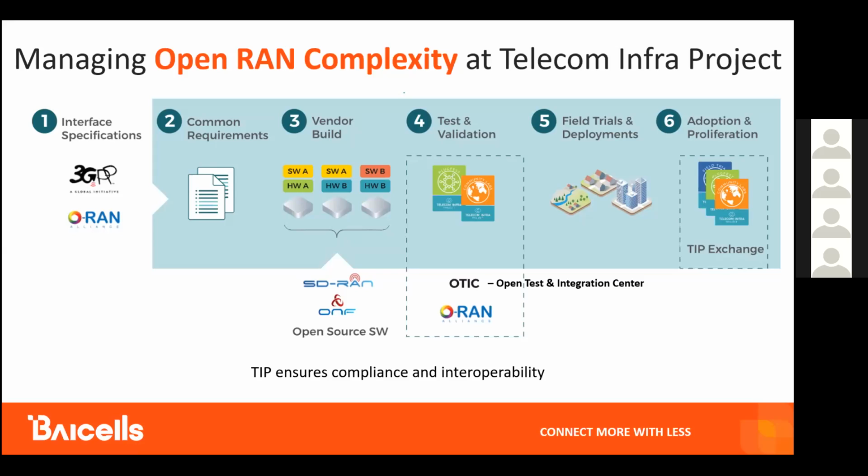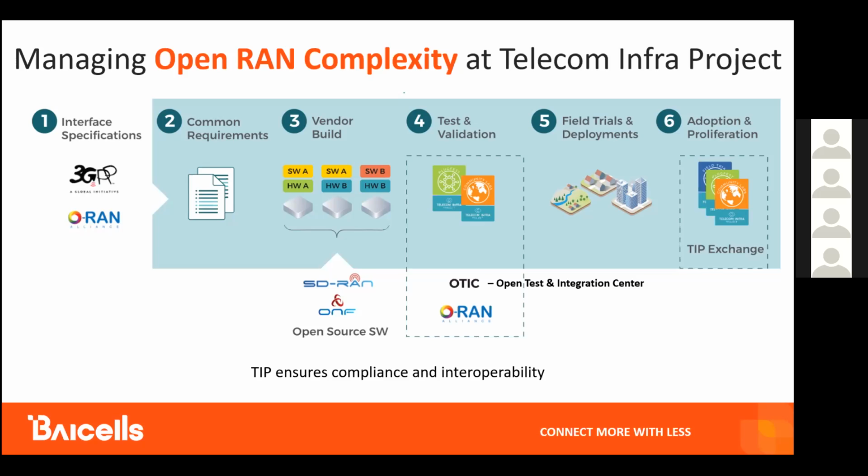And the third phase is to invite vendors, as many as possible, to participate, right? The more vendors participate, the more healthy competition we can have to build this ecosystem. These vendors include both hardware and software.